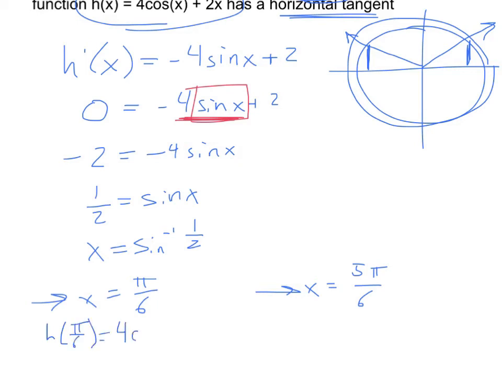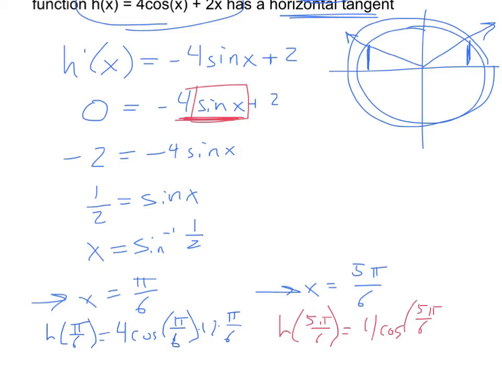So I'll have 4 cosine pi over 6 plus 2 times pi over 6. And my other one, I also need to do h of 5 pi over 6. This will be 4 cosine 5 pi over 6 plus 2 times 5 pi over 6.